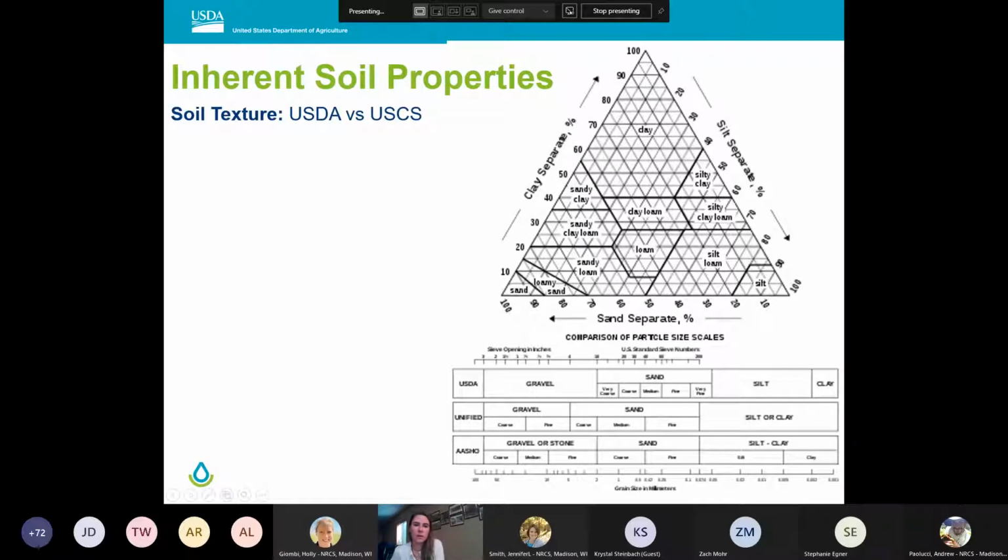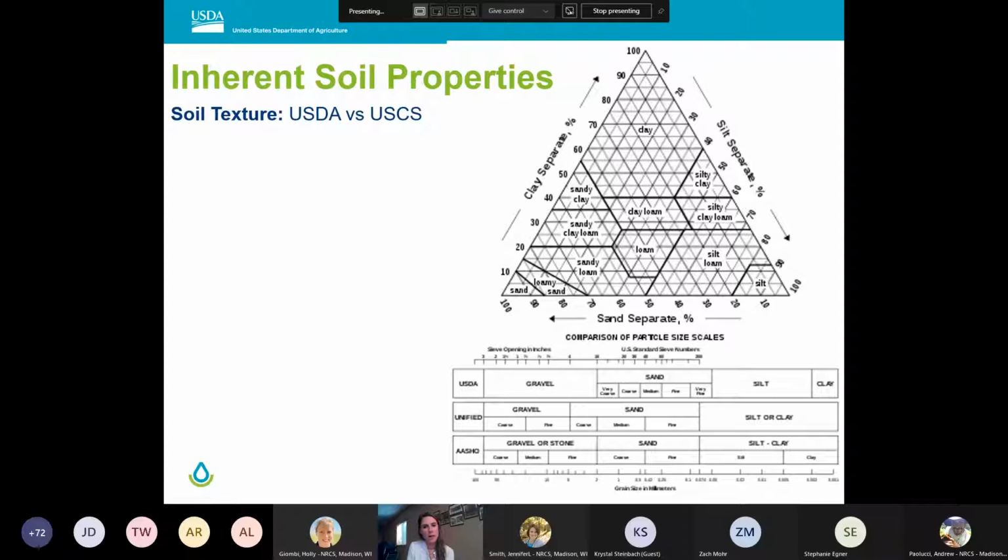So this figure demonstrates the differences among textural systems and particle size scales. It's important to note that agronomically we typically focus on the USDA system, whereas on the engineering side of things we use the unified system. The major difference is that the USDA system considers grain size and mineral fraction, whereas the unified system considers clay mineralogy and how it affects water holding capacity and plasticity characteristics, which we'll talk about.